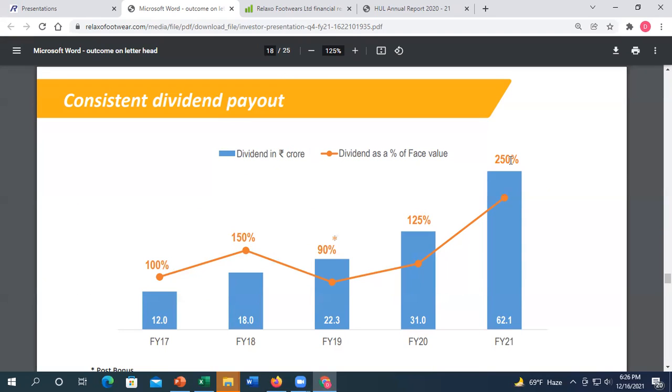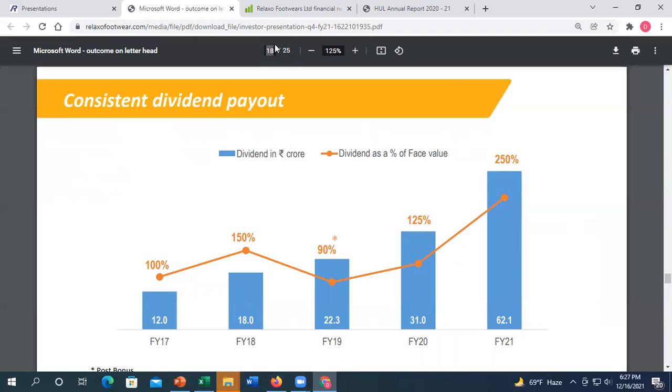The dividend payment has gone up from 100% of the face value in 2017 to 250%. So they've been regularly distributing profit. And the amount of dividend, not only as a percentage but in absolute amount, has also increased from 12 crores to 62 crores, about 5 times the dividend in absolute value.